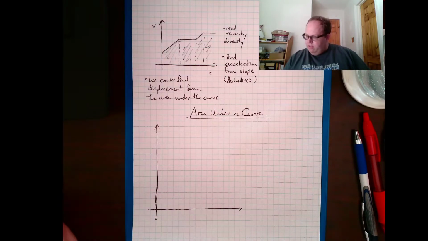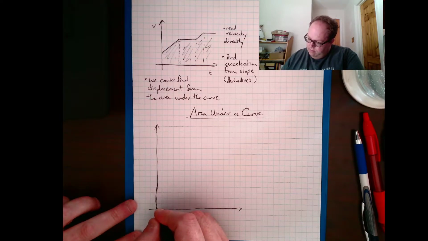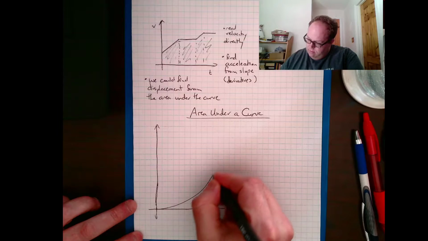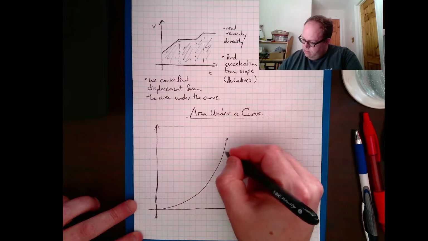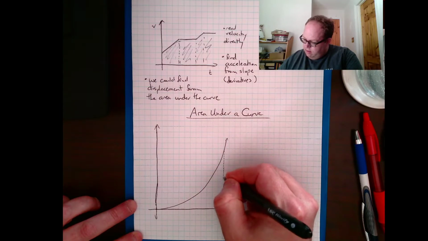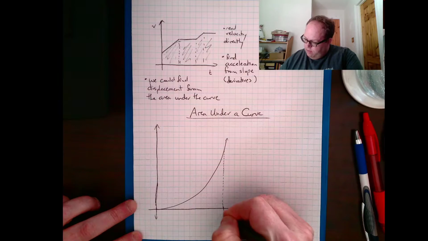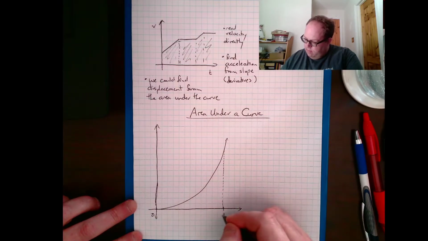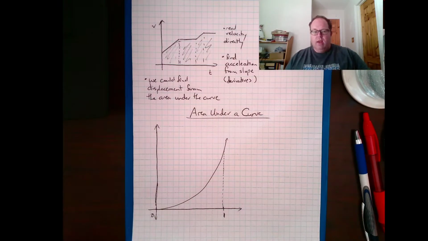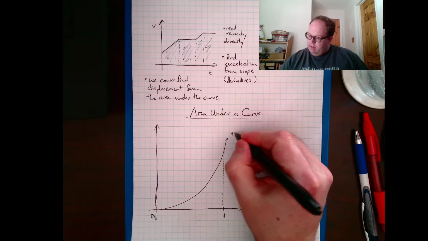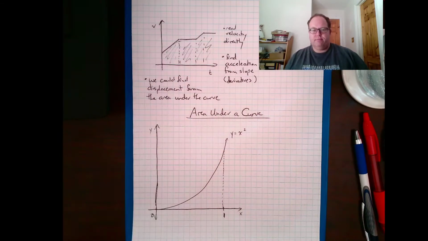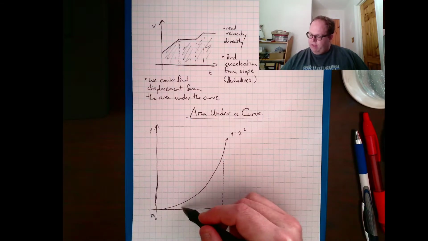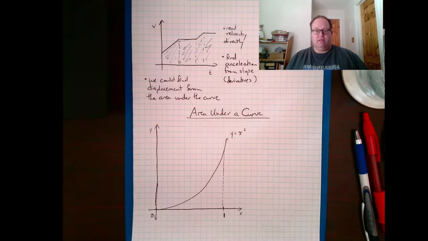I'll say I'm looking at the curve y equals x squared between values of 0 and 1, up to here. My line is y equals x squared. It's x, and here's y. And I'm interested in finding out the area of this curved shape underneath the line.